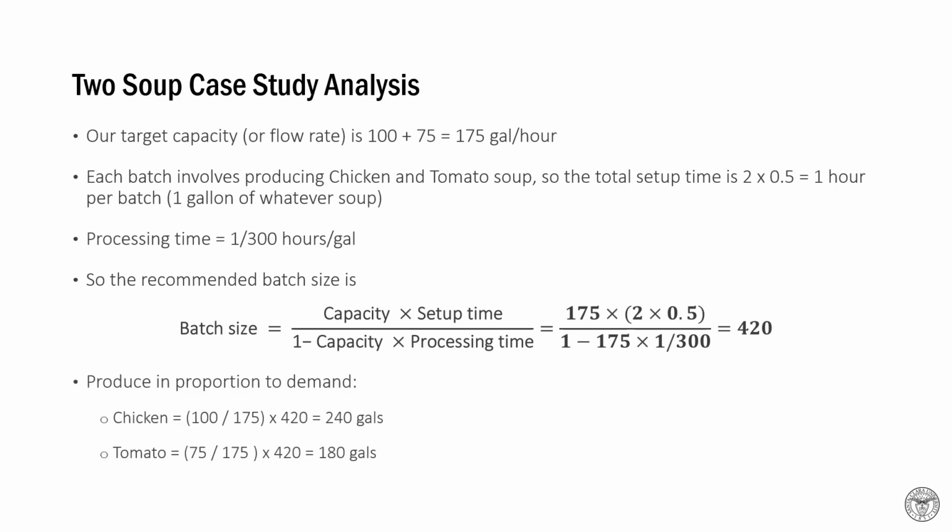For production proportional to demand, we will produce chicken soup equals 100 divided by 175 times 420, which is about 240 gallons. Tomato soup equals 75 divided by 175 times 420, which is about 180 gallons. This analysis allows us to maximize efficiency by minimizing inventory and still meeting demand for each type of soup.